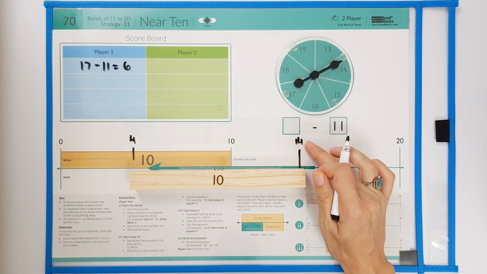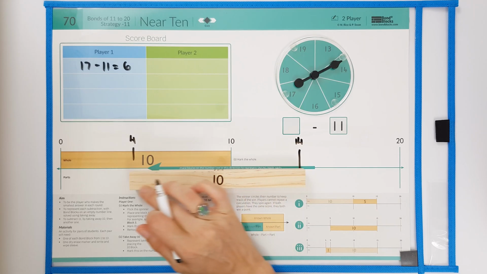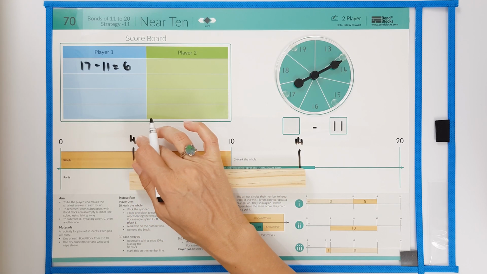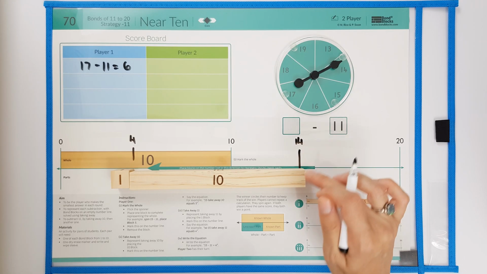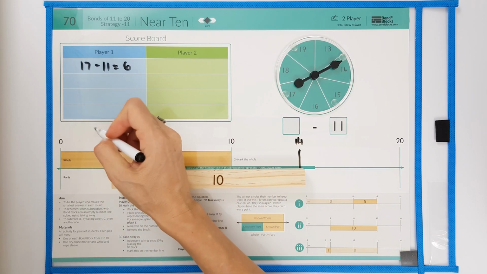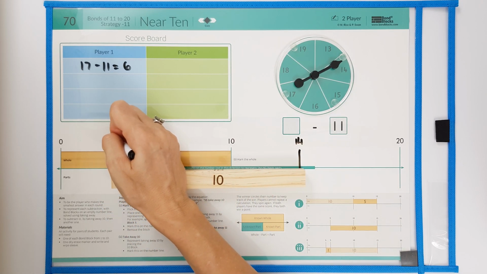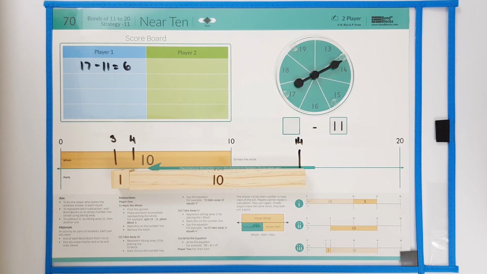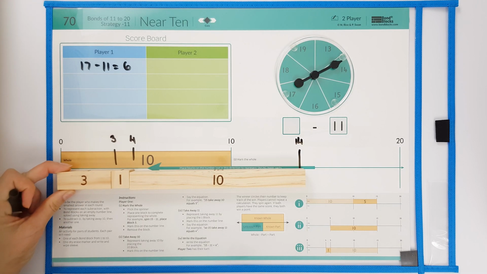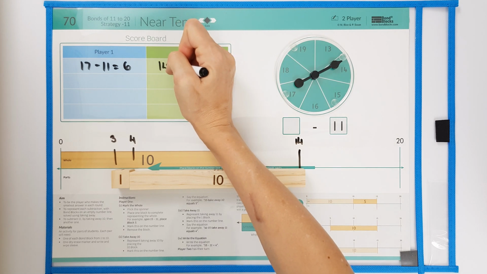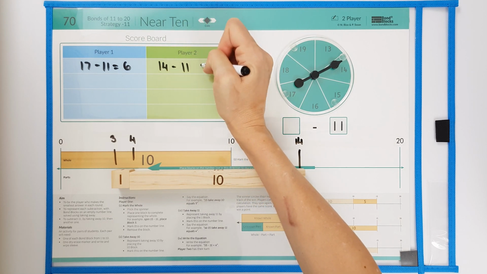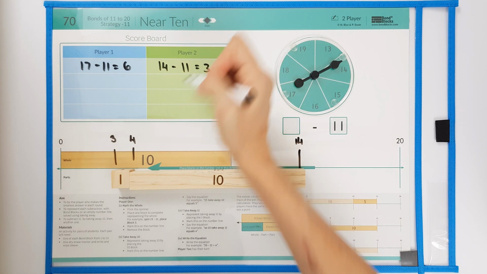We say 14 take away 10 equals 4. So 14 take away 11 equals 3. If we need to, we can check. And I record 14 take away 11 equals 3.